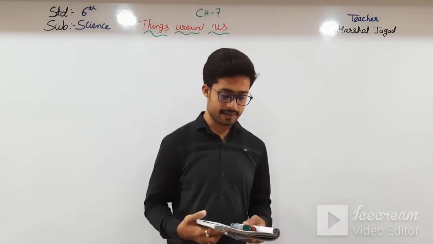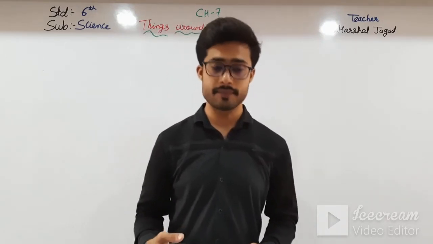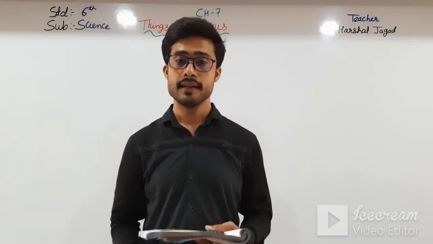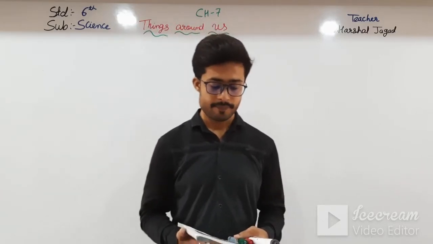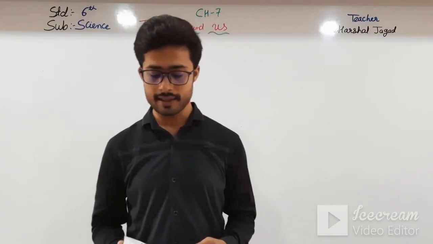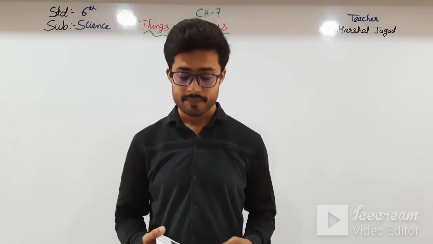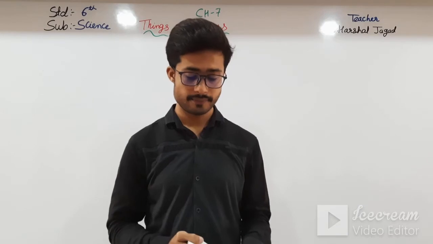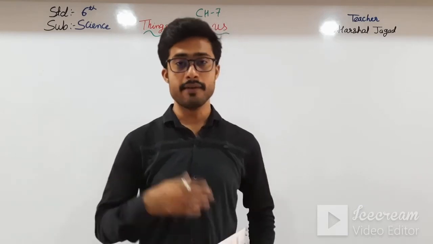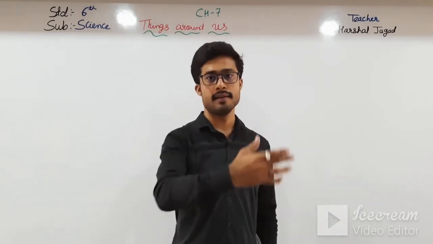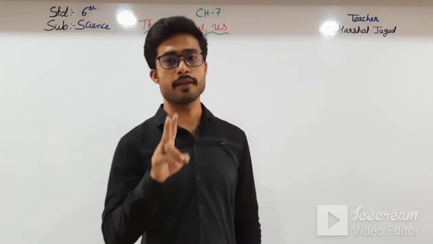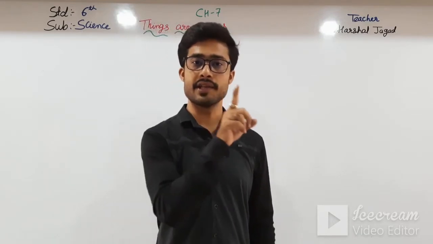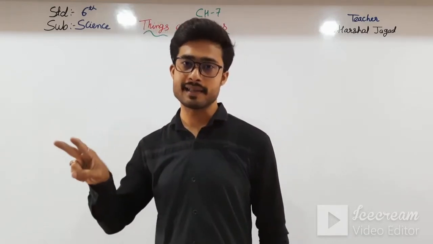Here table 7.1 lists the differences between living and non-living things. Living things are cellular organisms. Non-living things are not cellular organisms. Living things have cells. There are two types of living things, unicellular and multicellular.